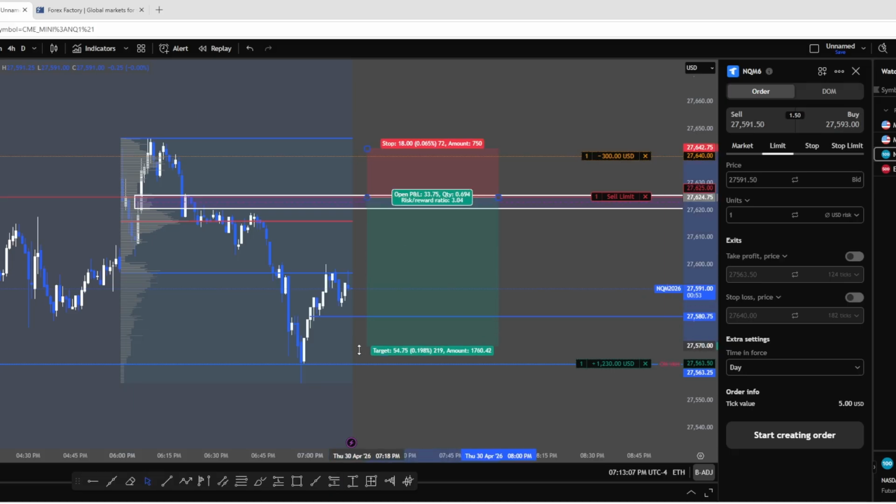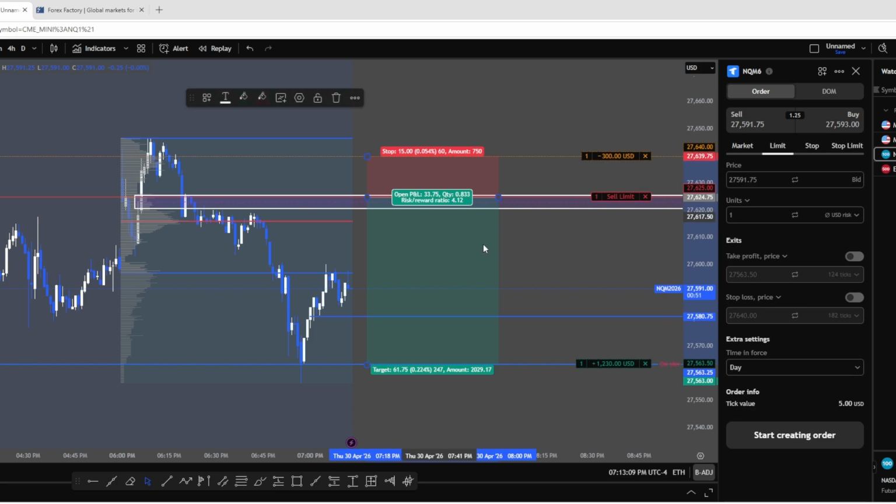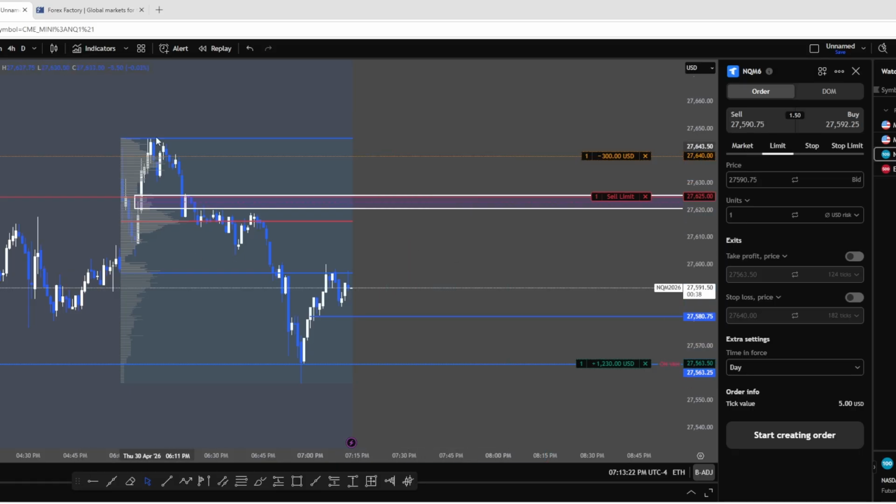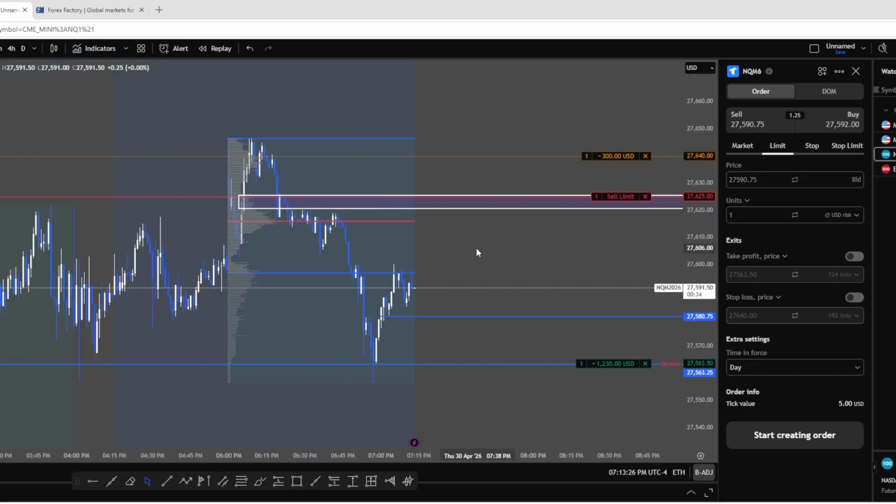Hopefully we get up to it. If this does work out, it would be a B ranked. We have point of control, we're nearby it, and we have plenty of sell orders. And then you can also take into account we're bearish this entire range.